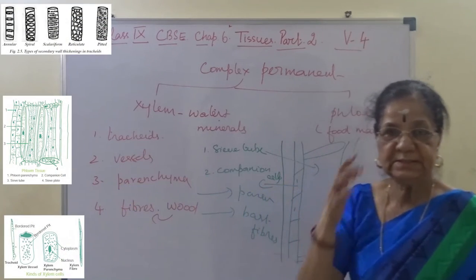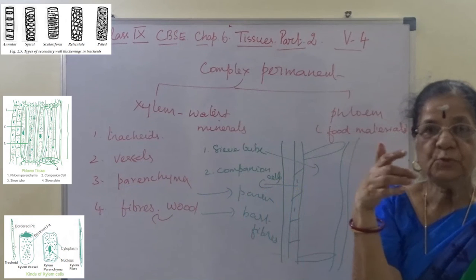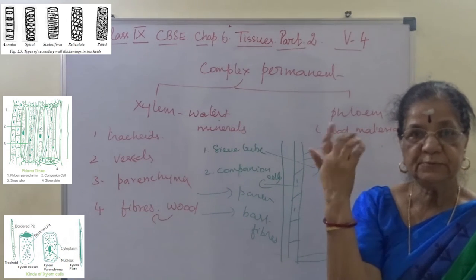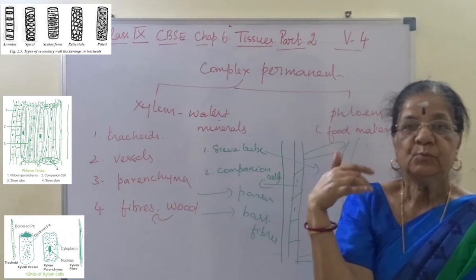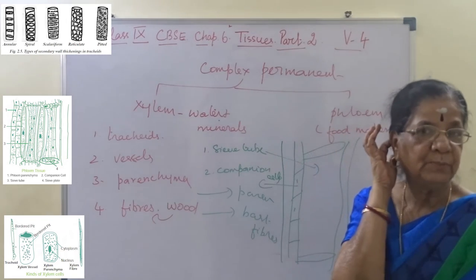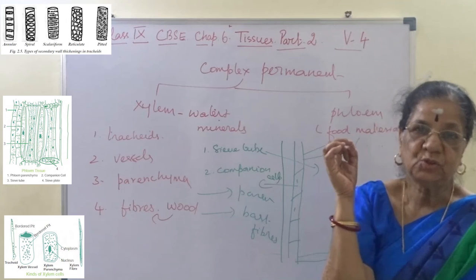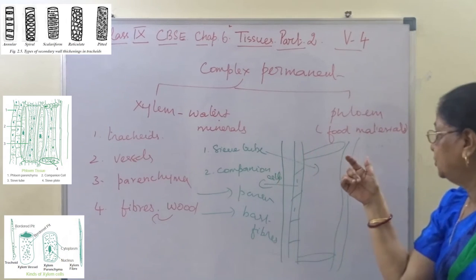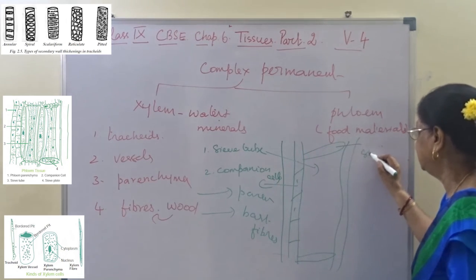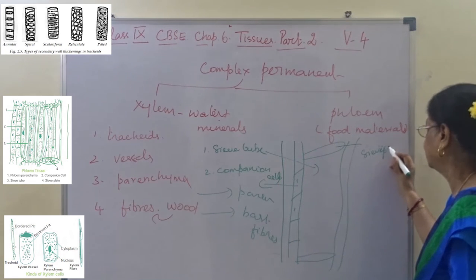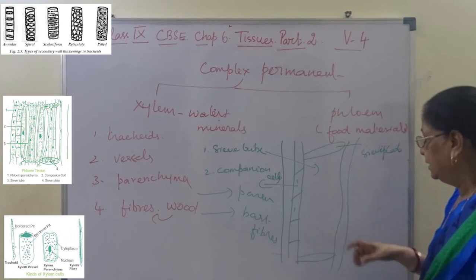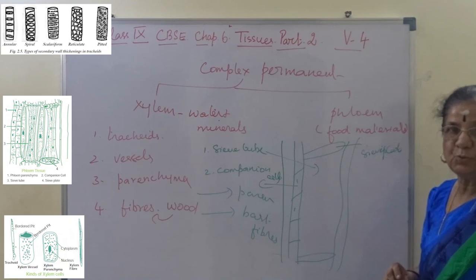When the food materials are transported from the leaf to the different parts of the body, movement of molecules will be through selectively permeable or semi-permeable sieve plates. So that is controlled by the sieve tube. This is called sieve plate, and this is sieve tube.